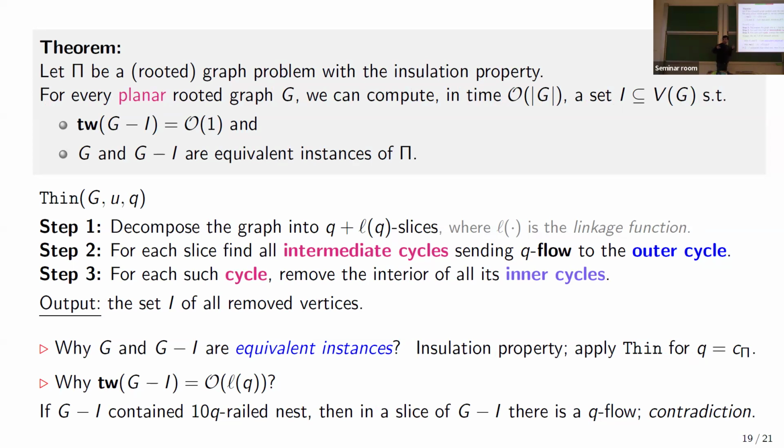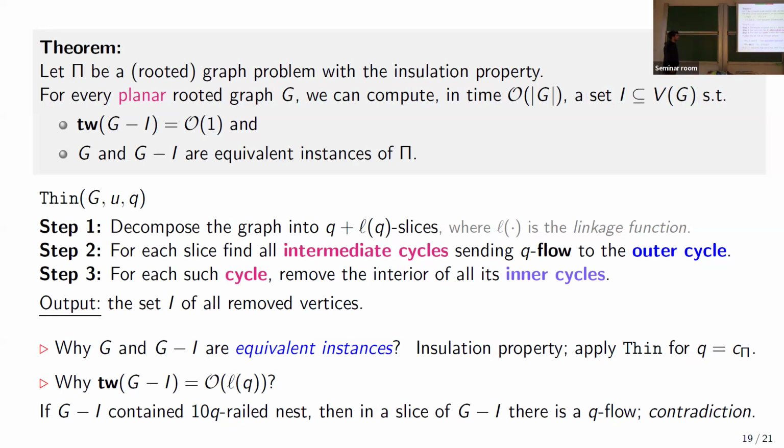Maybe not this nest itself, but if I have a large nest in the whole graph, then I also have a large railed nest in the slice. So this means that I should have a large flow. Contradiction, because whenever I had a large flow, I processed my graph. And that's it. This is how I prove this lemma.